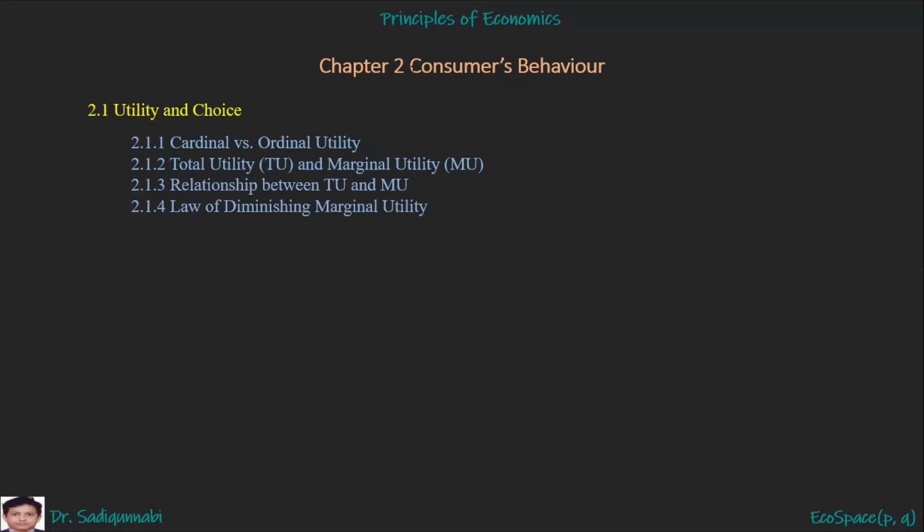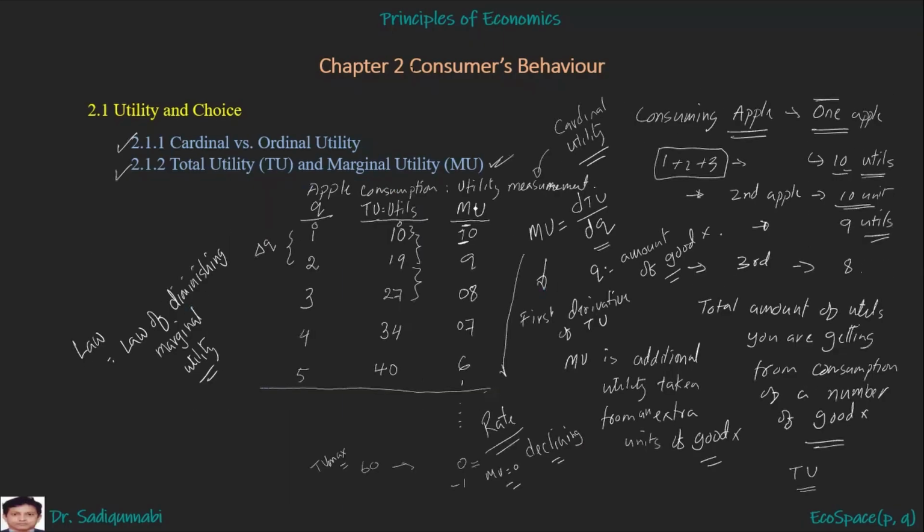Law of diminishing marginal utility. It is already covered because from the first table, we have seen the law of diminishing marginal utility. So what is the law of diminishing? When you add an extra unit of apple consumption, total utility is increasing at decreasing rate.